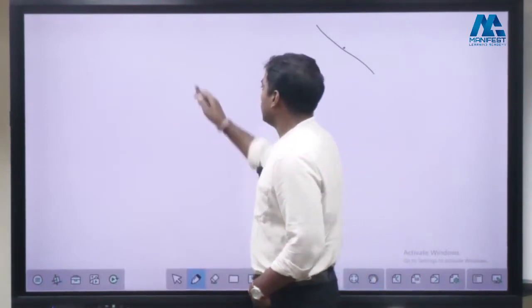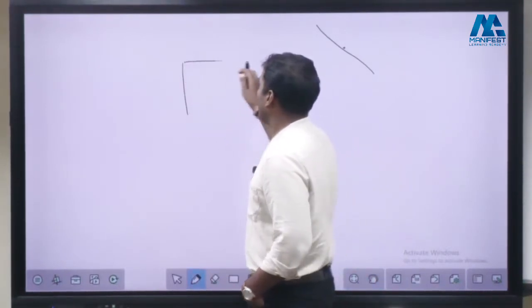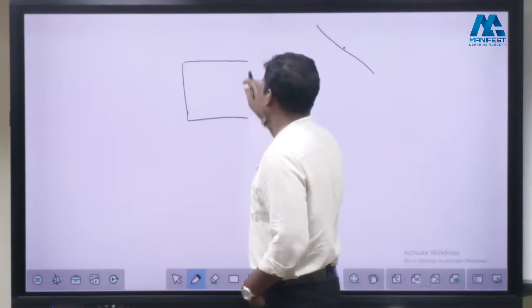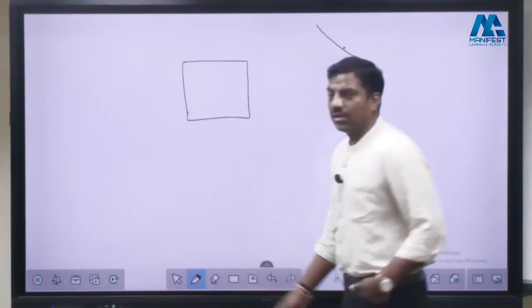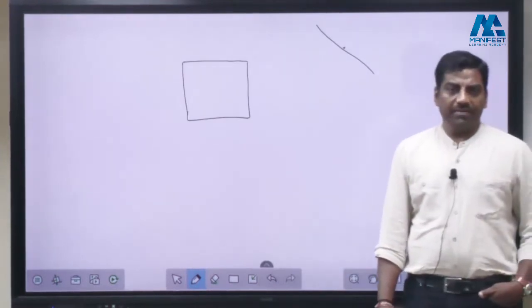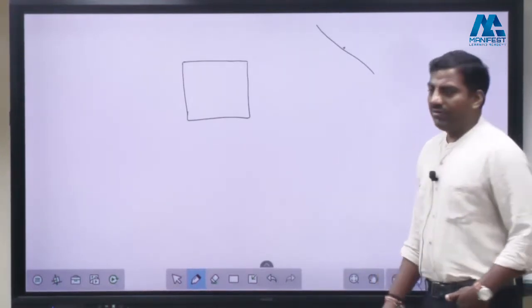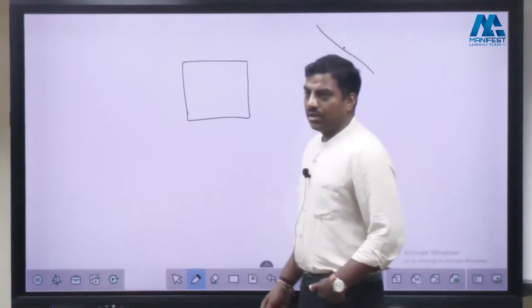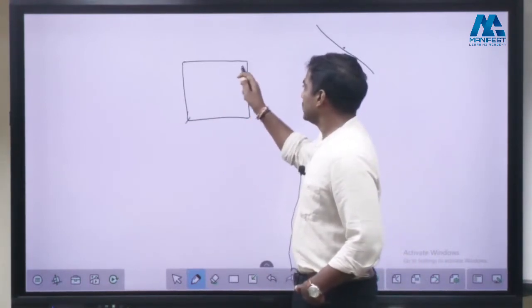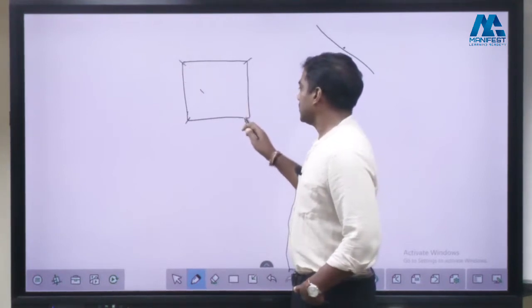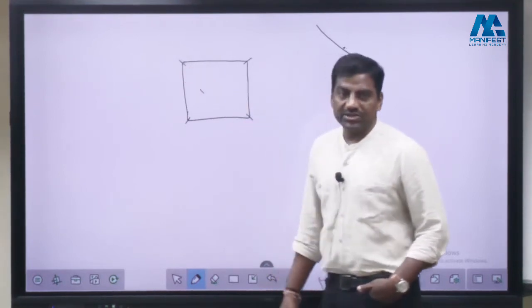Then, next type of arrangement is either rectangular or square. These are a bit tricky. When we say the people across this table are sitting in the corners, this is the easiest to imagine.